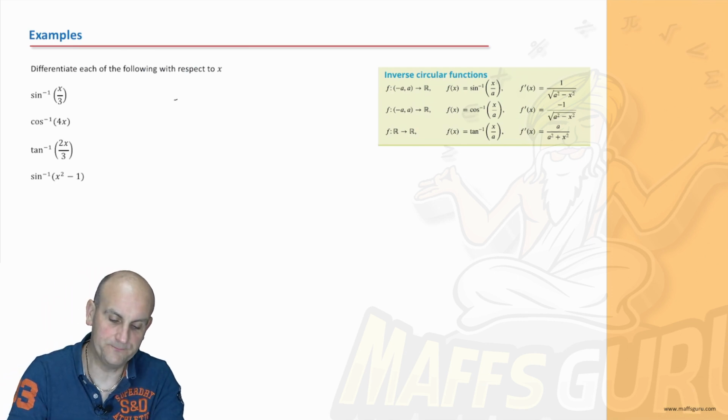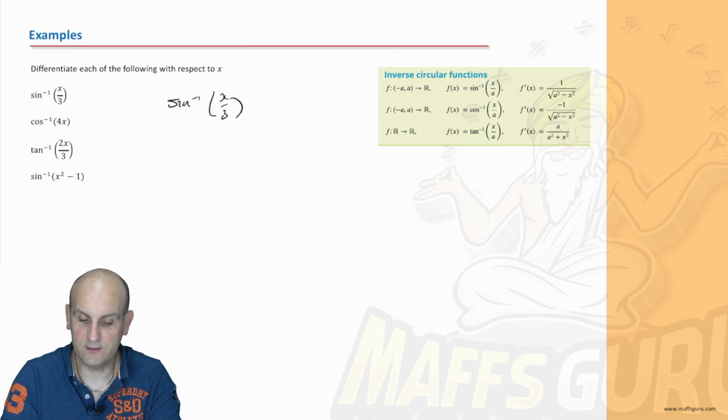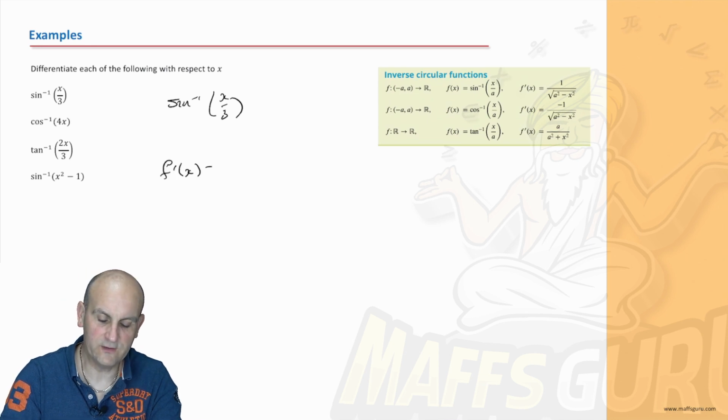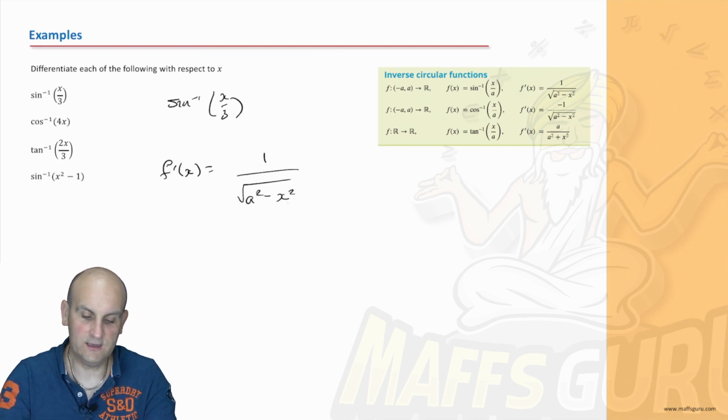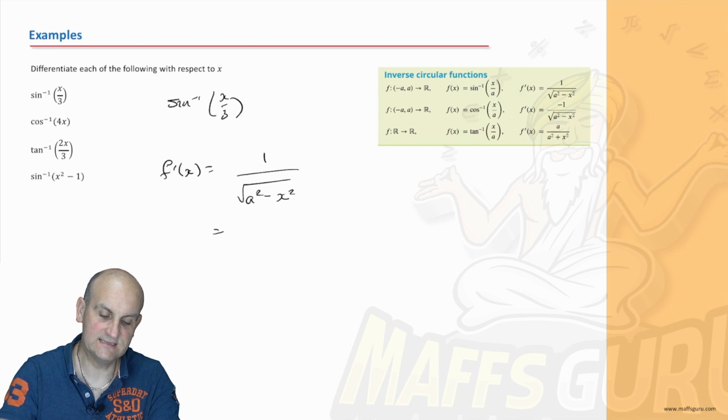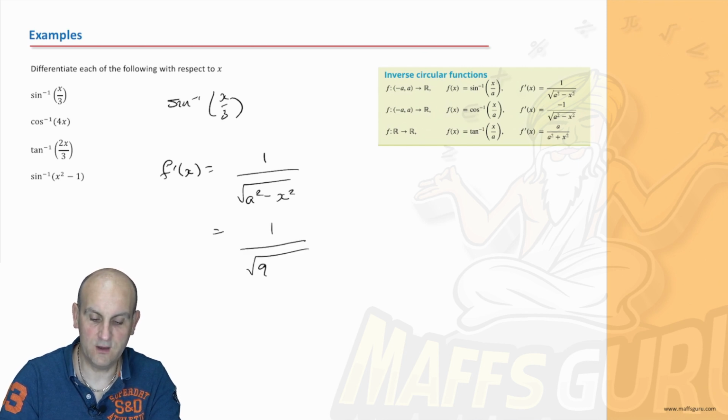We'll start with the first one, sine to the minus 1 of x on 3. Well, we know that f dashed of x is equal to 1 on the square root of a squared minus x squared. Do I know the value of a? Yes, a is the bottom value, which is 3. So it's going to become 1 on the square root of 9 minus x squared.